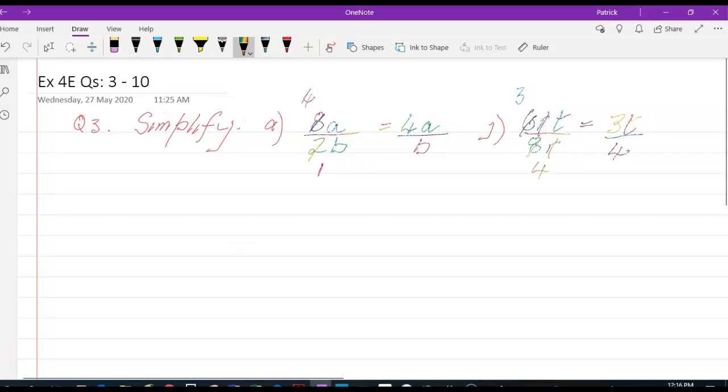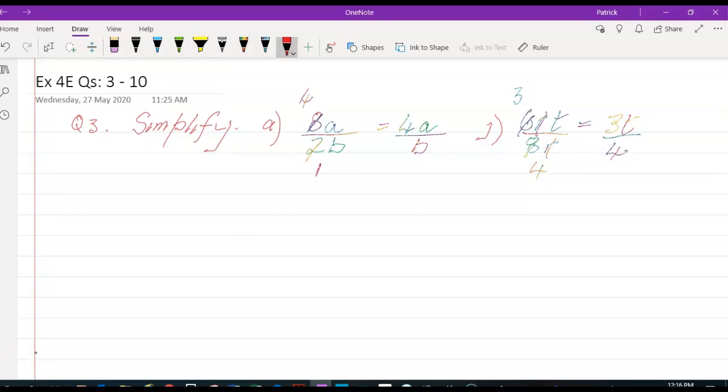And if we do the last one in question 3, it's 4MNP over 24MN. So what would be the common factors here? 4 will go into itself once, and it'll go into 24 6 times.